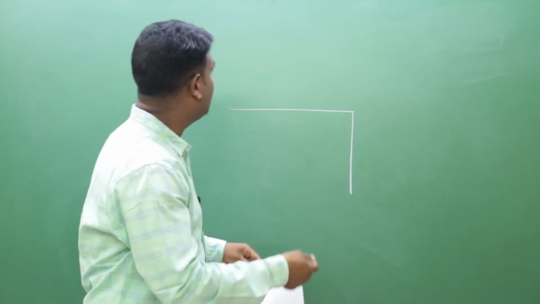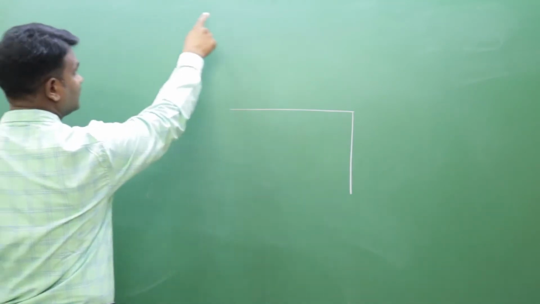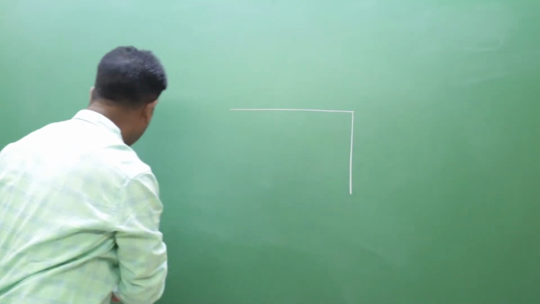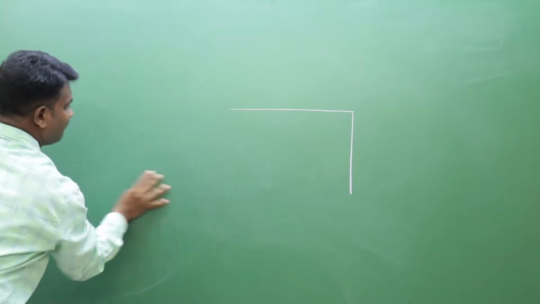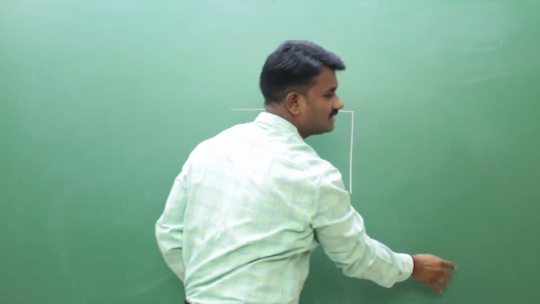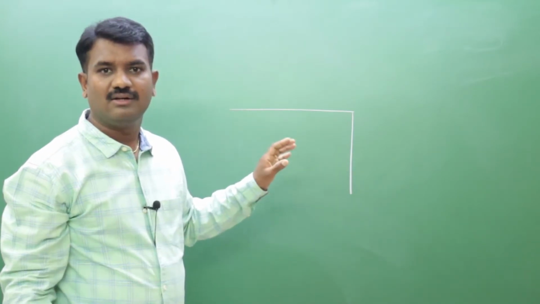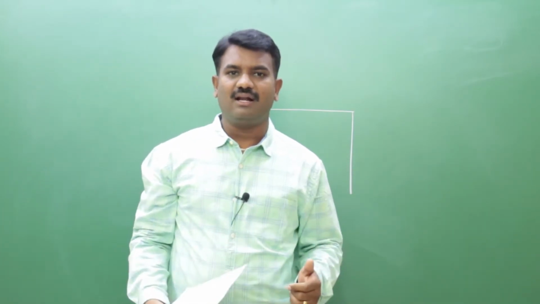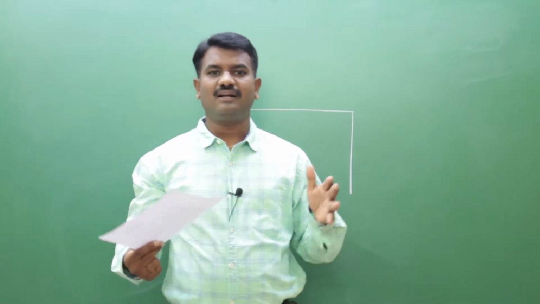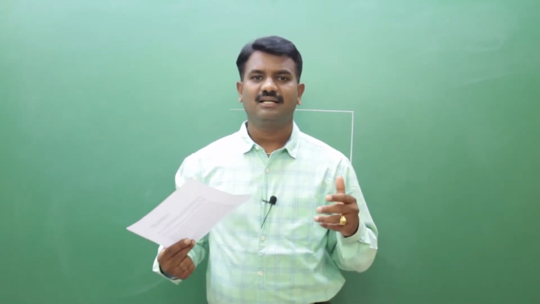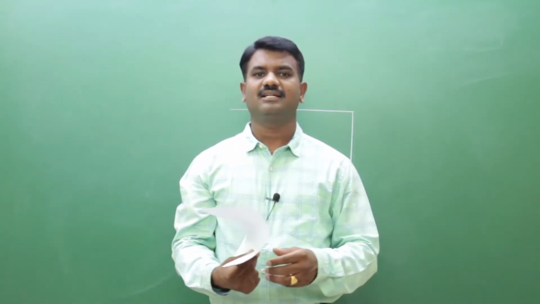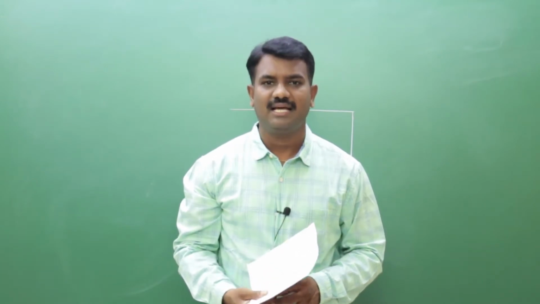If we take this board, it occupies some surface along the wall. So all of this is known as its area. Here you can see the wall. Generally we paint a wall. So the space on which you are going to paint the wall, that entire space is called its area.